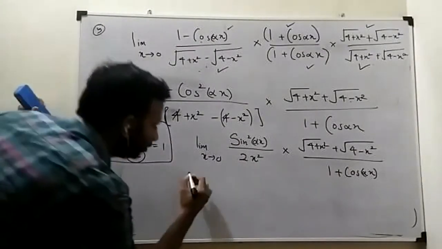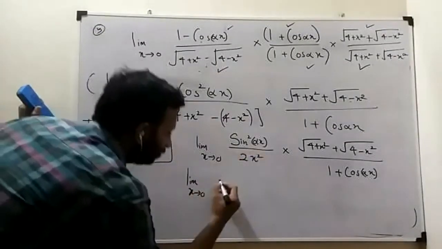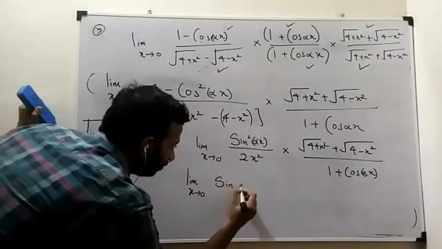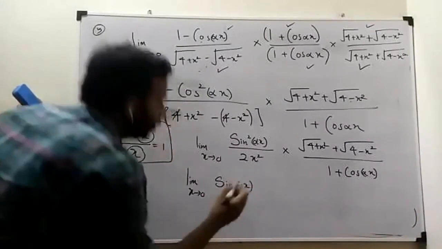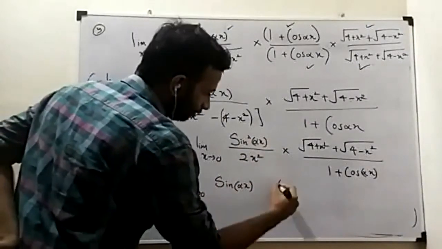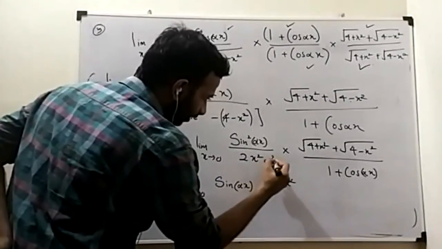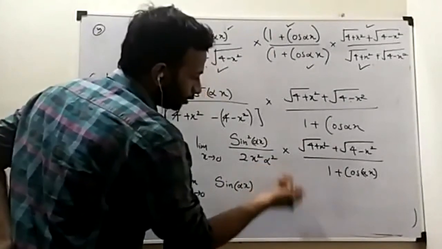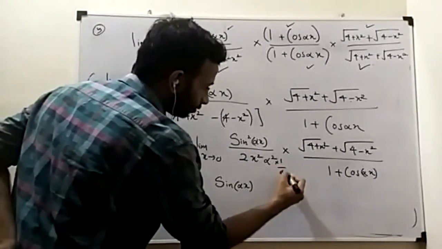So limit x to 0, sin alpha x. We need alpha x down. So sin squared alpha x, it should be alpha squared x squared, or alpha x squared. So I put alpha squared here, but I can't just put alpha squared, so I need to cancel this as well. So 1 over alpha squared.